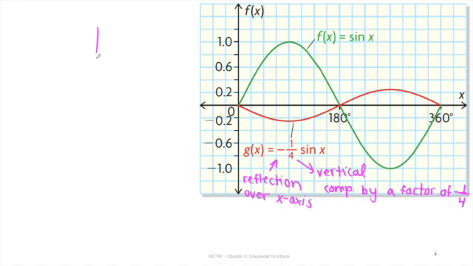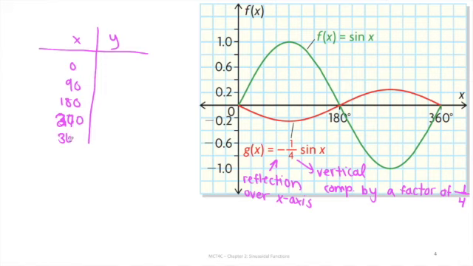So again, easiest to graph. Same thing, write out your base graph: 270, 360. Okay, it's still in front of your sine x, so it is going to affect our y. It's still an A value. So we're going to multiply by negative 0.25, or you could divide by 4.